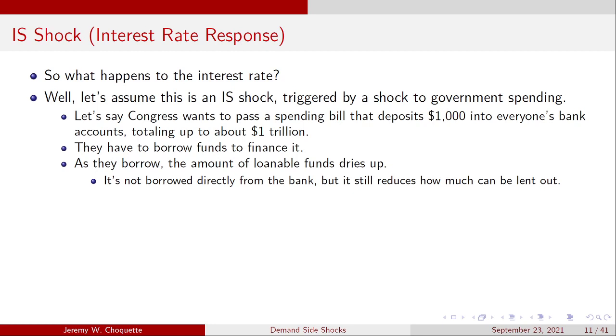Now, that bond gets repaid. That bond's now got value. And so the government basically just borrowed resources from the private sector in order to fund their public projects.